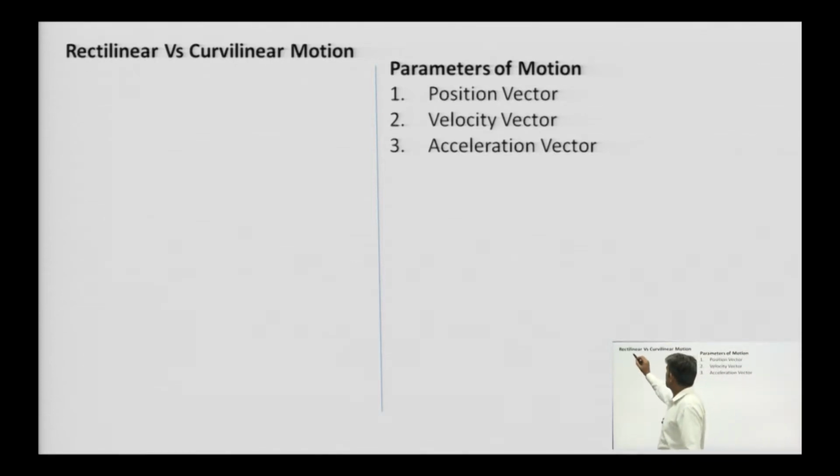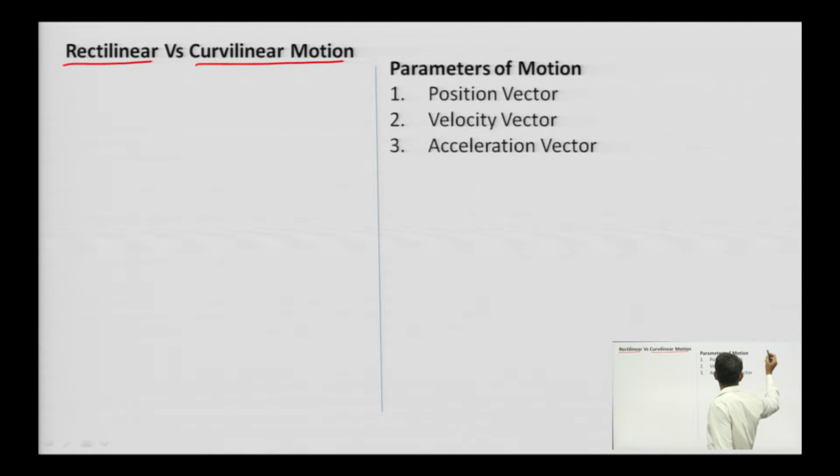What is rectilinear and curvilinear motion? Both are translational motion, but there is a difference between curvilinear and rectilinear. What is the difference? The first difference is that rectilinear means linear, means motion is along a straight line.